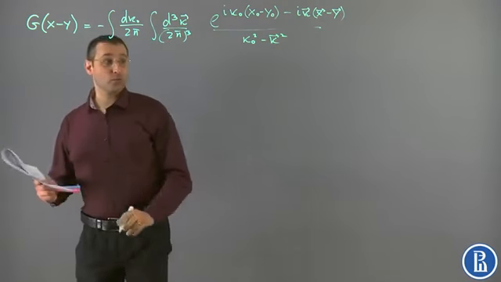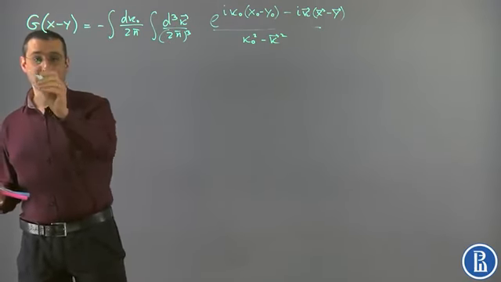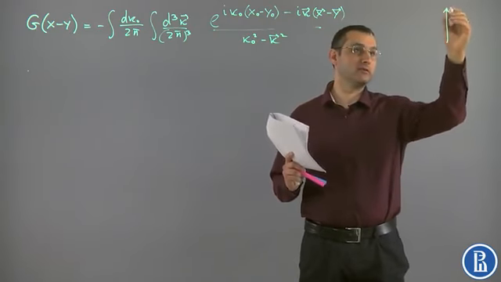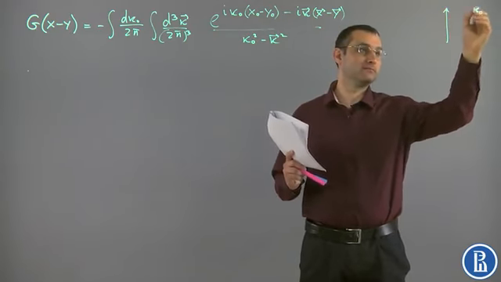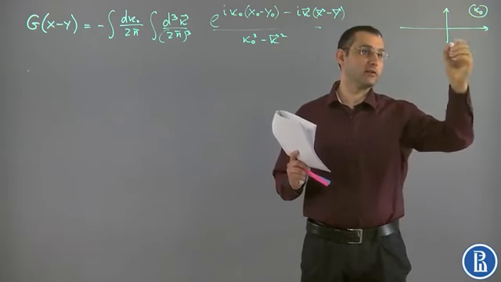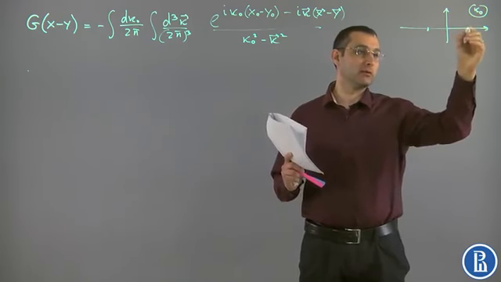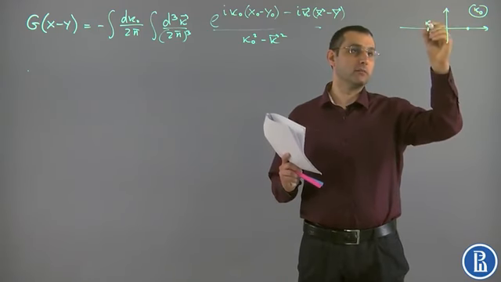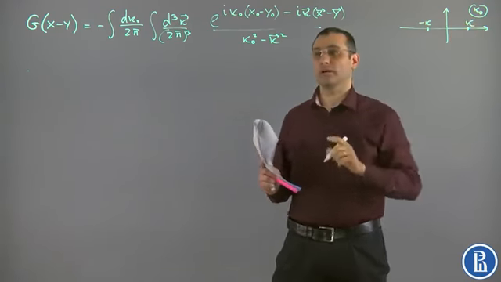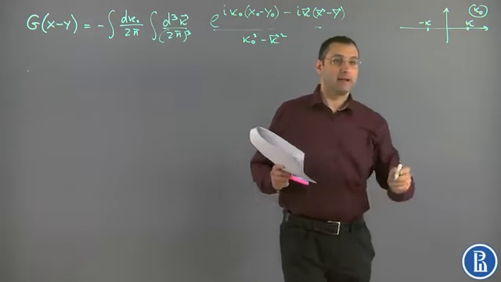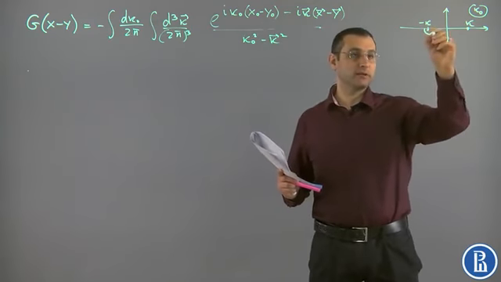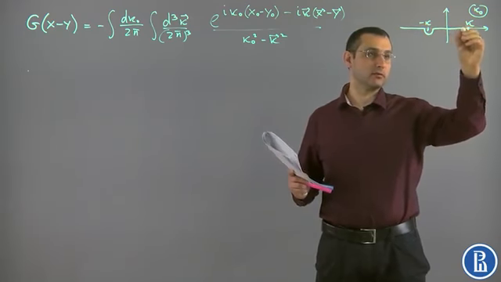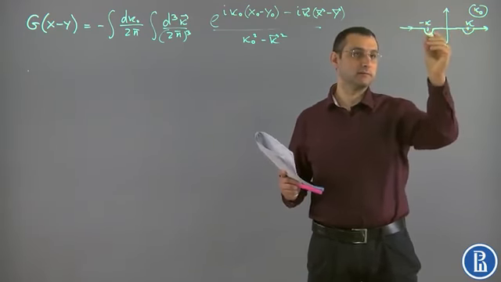And the contour of integration in the k0 plane, let me draw it. So we have the k0 plane. The contour of integration in this plane goes along the real line, and it has poles here, at minus k and k, where k is just the modulus of the vector k. And I told you that we have to specify the contour such that it goes around the poles like this. So our contour is like this.